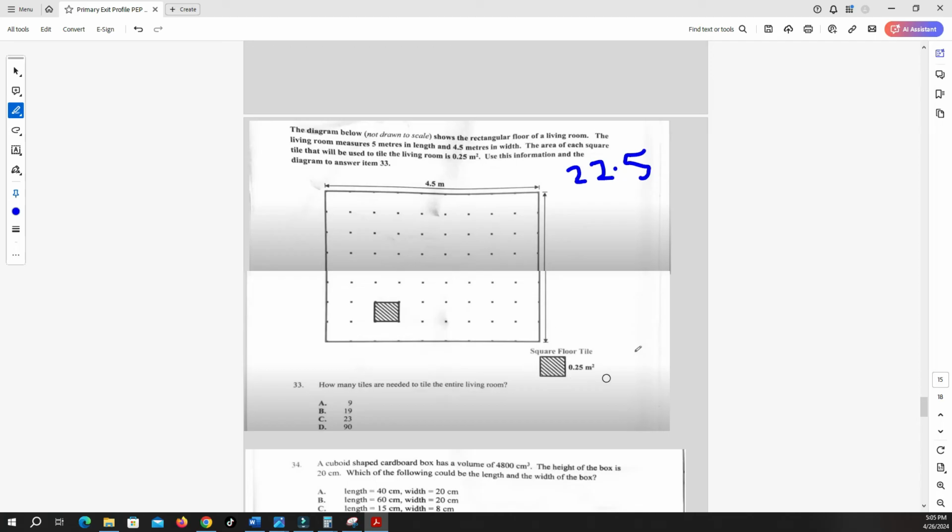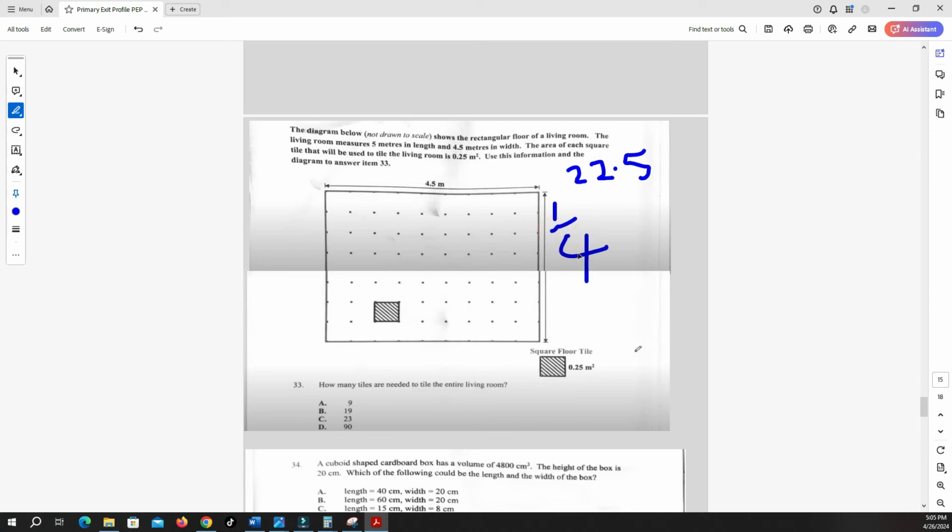So now we need to find how many times 0.25 meters squared can go into 22.5. How many of these tiles can go into the floor? Let's change this so it's easier to work out. 0.25 is a quarter, so that's 1/4.